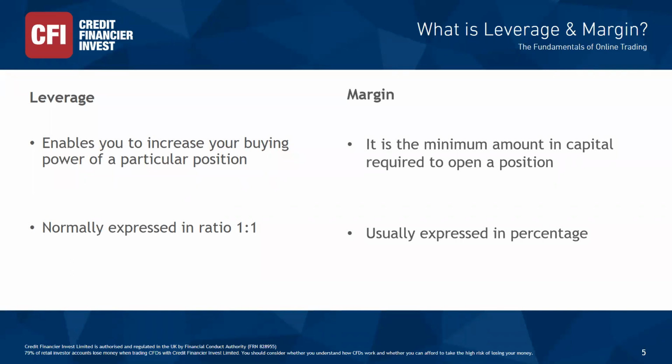Then all you have to do is take the notional value, in this case $100, divided by your leverage, which is 100, and the result, $1, is the money that you have to put in order to open that $100 position. Again, I will explain this in more detail later on, but this is basically the basis of understanding leverage and margin on CFDs.